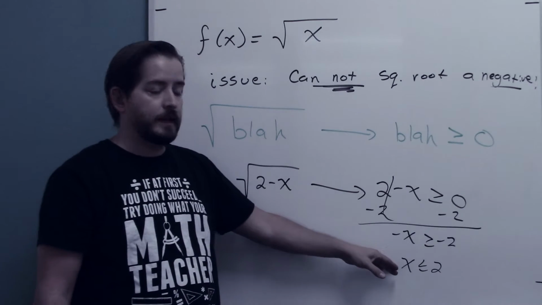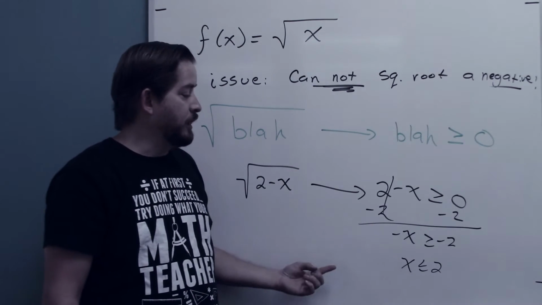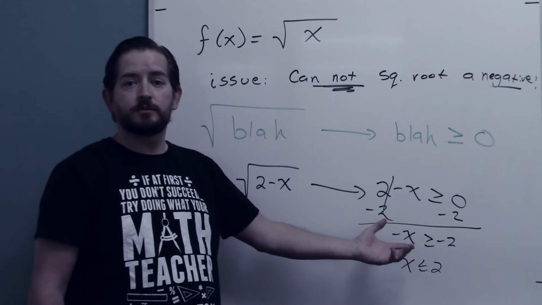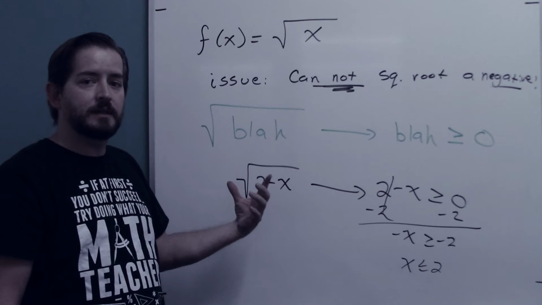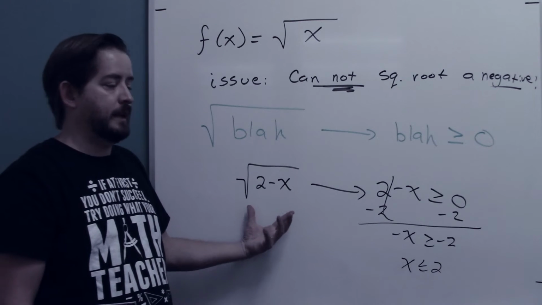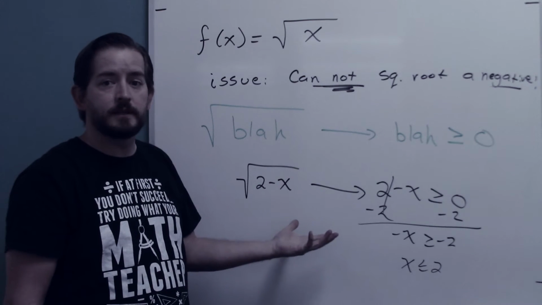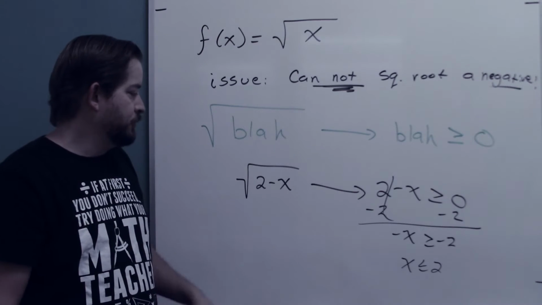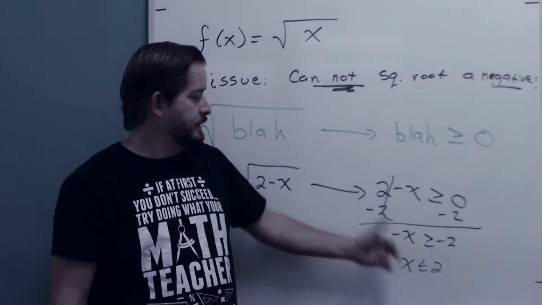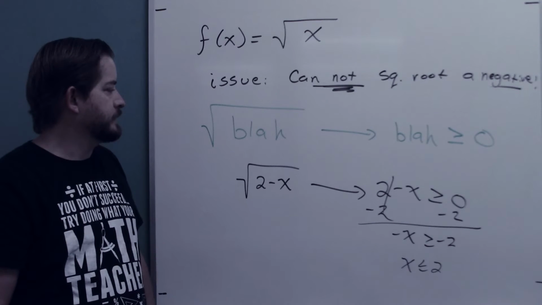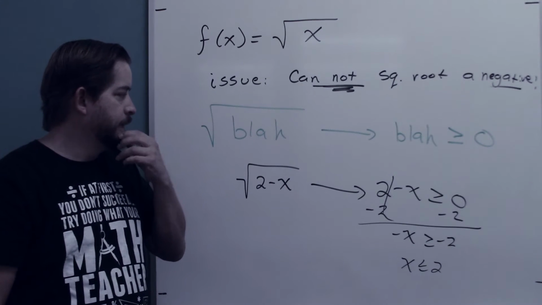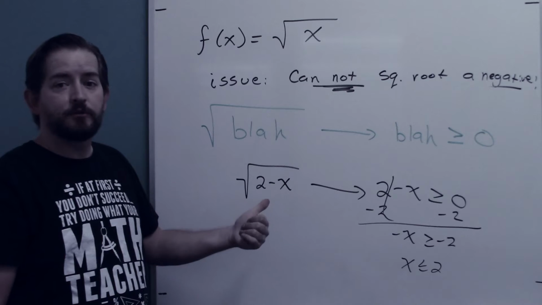If I go to numbers greater than 2, like say 5, 2 minus 5 is negative 3. I have the square root of negative 3, which is not real, right? And therefore, I have my domain by following that process.